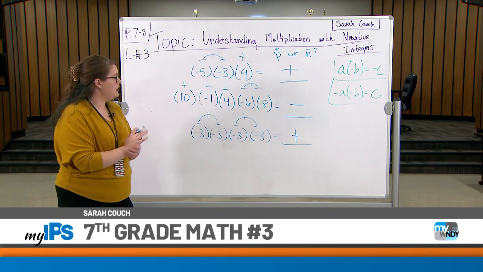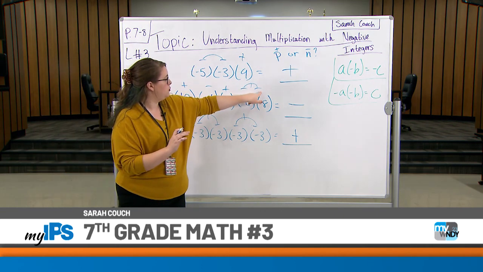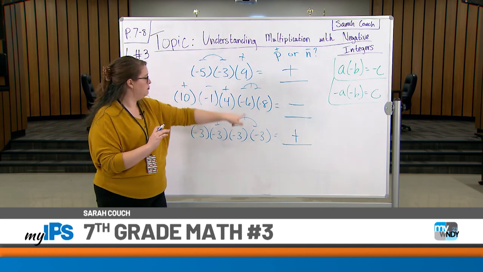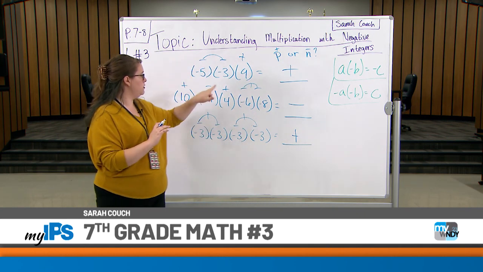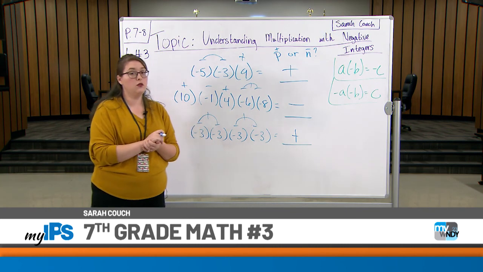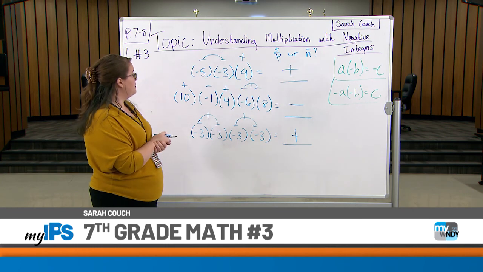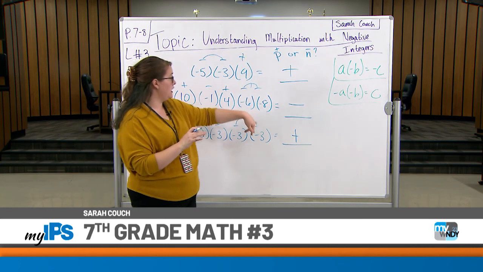So what is something that we can notice from looking at these patterns? We need 2's, right? Multiples of 2. Even numbers, right? All even numbers are multiples of 2. Odds cannot be divided by 2. And that can help us determine positive or negative rather quickly, right?